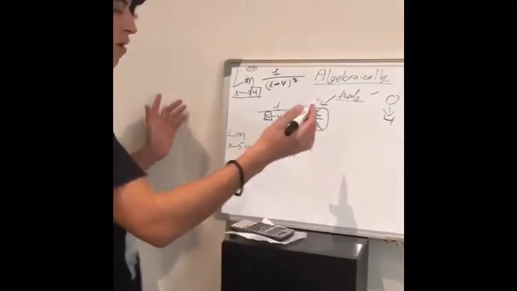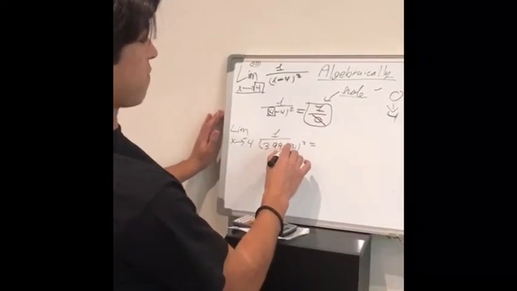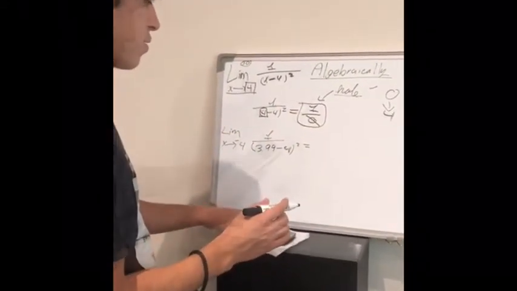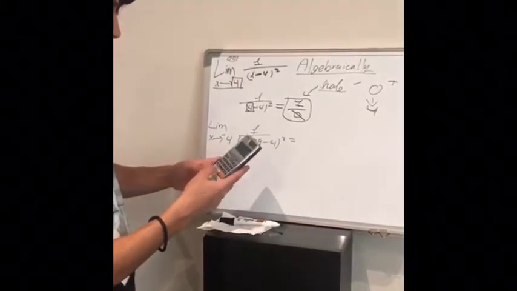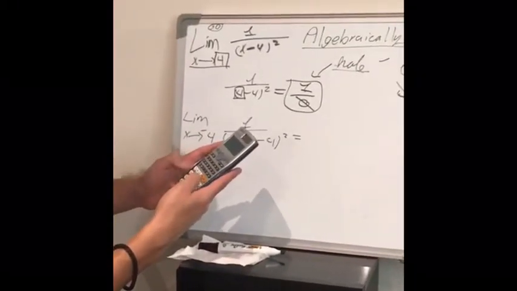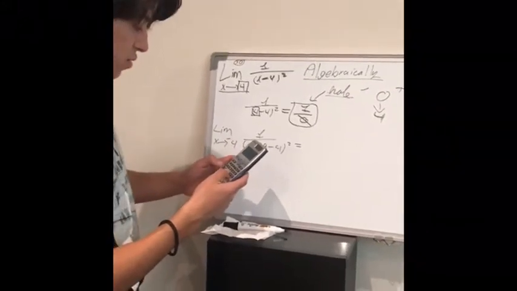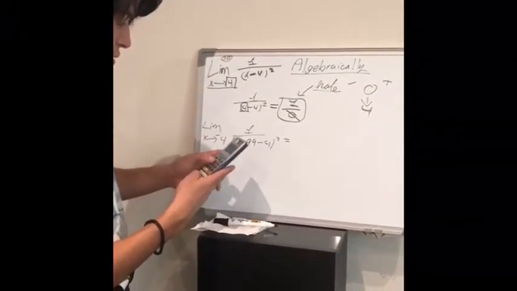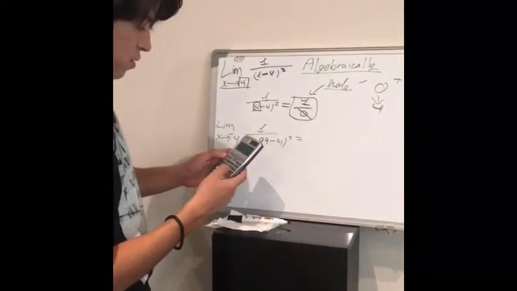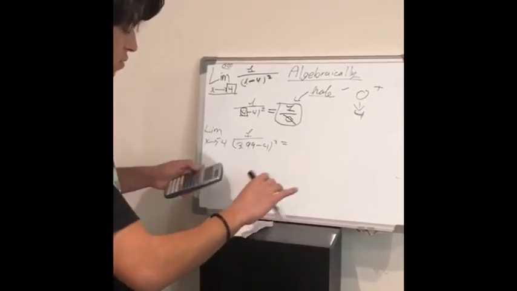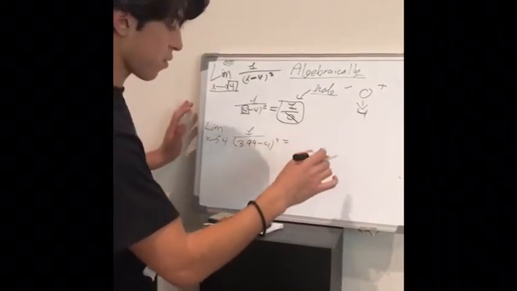I don't know if you can do it without a calculator actually. But 3.99 minus 4 squared gives you a positive number.